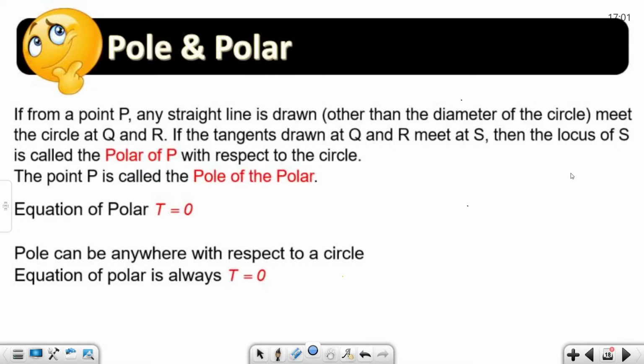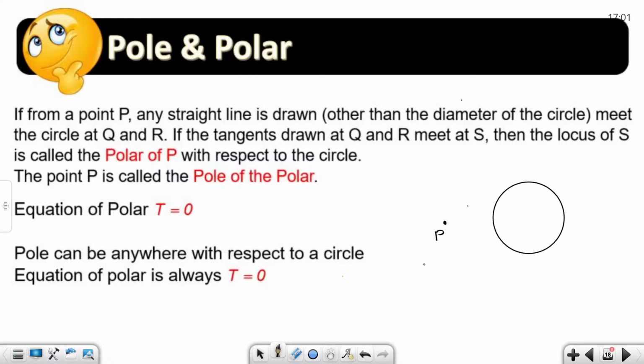So what do pole and polar mean in a circle? Let us try to understand by a figure. Suppose a circle is given to us and we have a point. In this case, I am considering the point to be outside the circle.